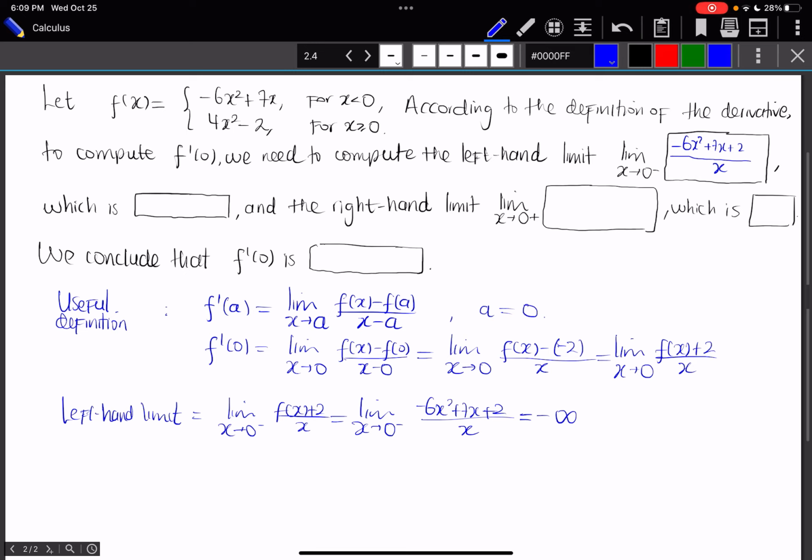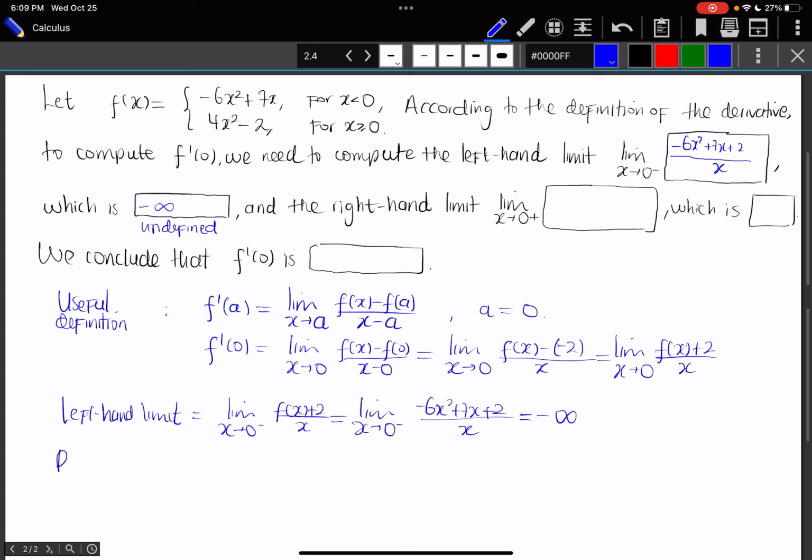And because the left-hand limit is negative infinity, here we can write negative infinity, or another option is to write undefined. When we get a limit that is negative infinity or positive infinity, the limit does not exist. Undefined. We can write what the limit is exactly, or we can just say undefined.